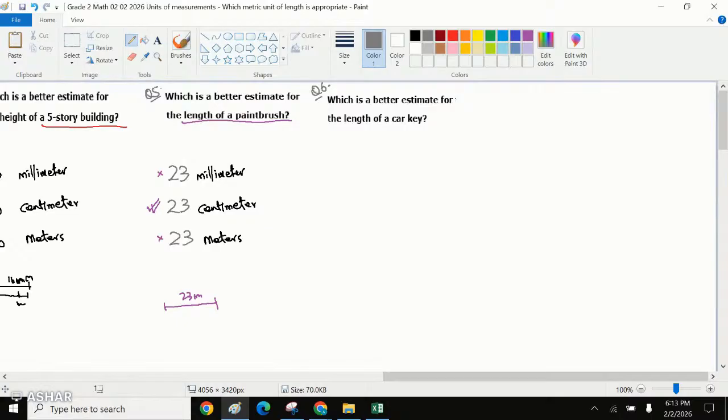Yes, Valerie? Okay. The proposed values are, I'm just copying the units over here: 6 millimeter, 6 centimeter, or 6 meters. So what is the better estimate for the length of a car key?